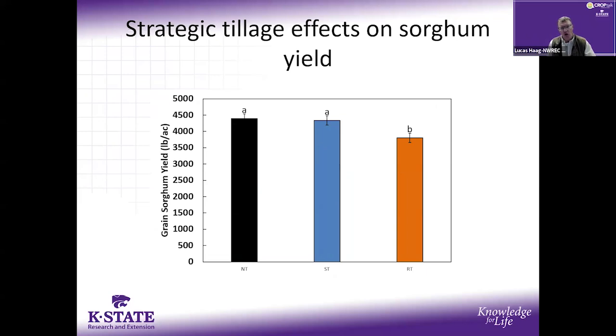Okay, here are the sorghum yields over time since that one-time tillage event in 2016. Again, no difference between the no-till and the strategic tillage, the black and the blue bars here. But we are picking up a yield difference. In general, the no-till and the one-time tillage are performing better than sorghum produced in a reduced-till type system.